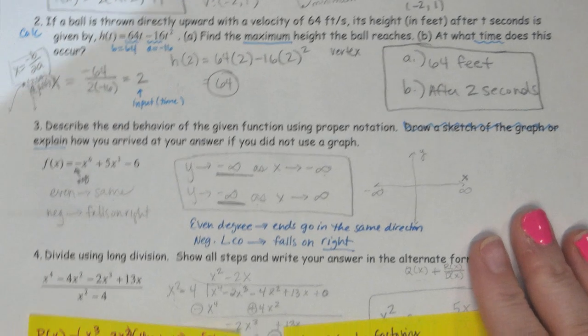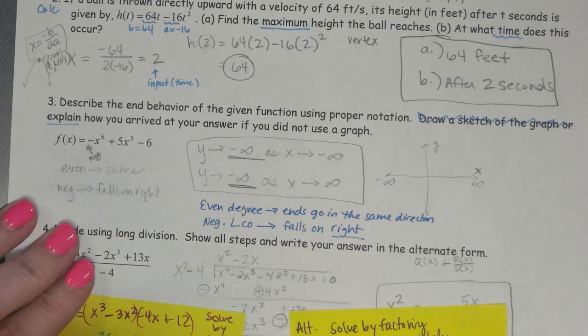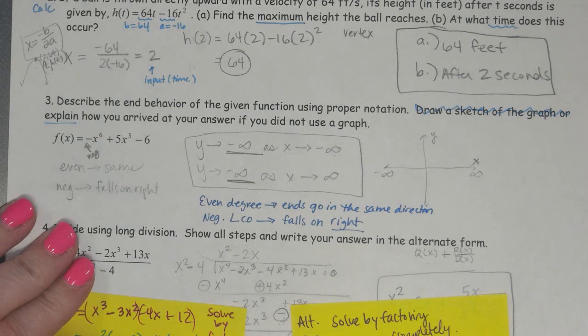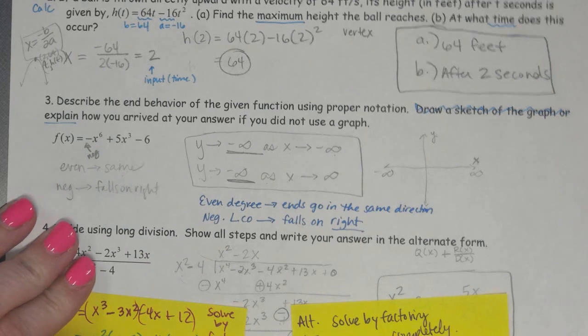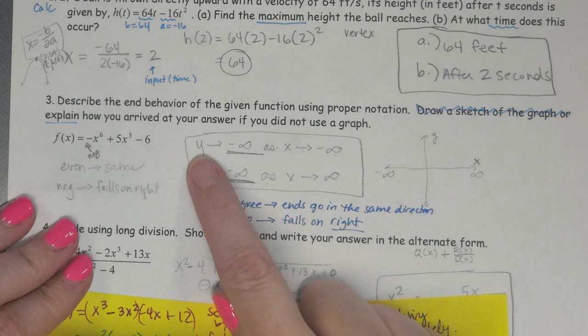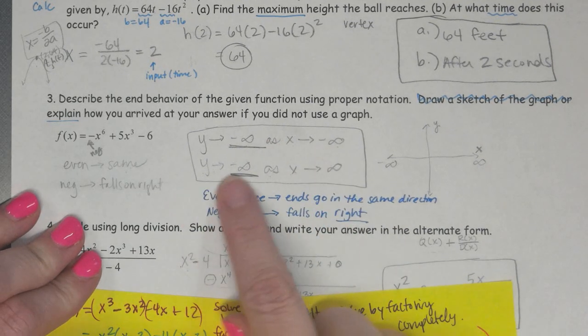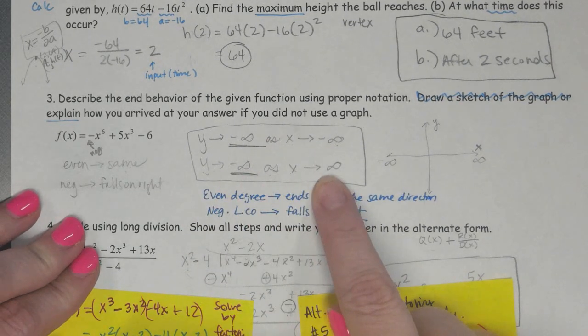So number 3 is not on your calculator, so you're going to be using the leading coefficient and the degree. Okay, and then when you're writing this out, y goes to negative infinity as x goes to negative infinity. Y goes to negative infinity as x goes to positive infinity.